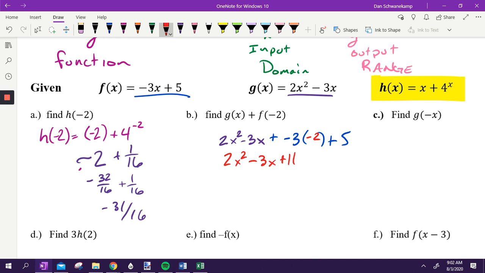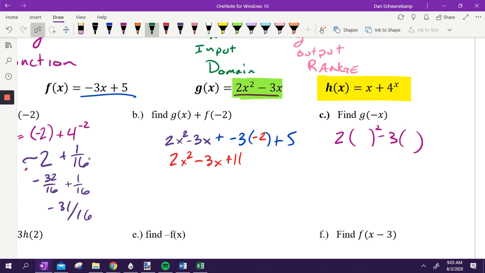Letter C. This is one that's a little more common. G of -x. So it doesn't say x in there. It says -x. So we're going to write down what the G function is. That's this thing right here. 2x squared minus 3x. The only difference here is instead of x, so inside those parentheses, I'm going to plug in a -x.